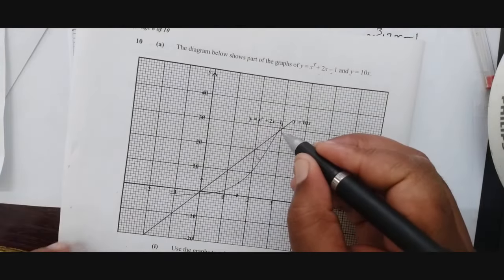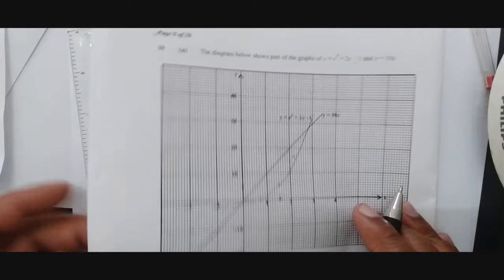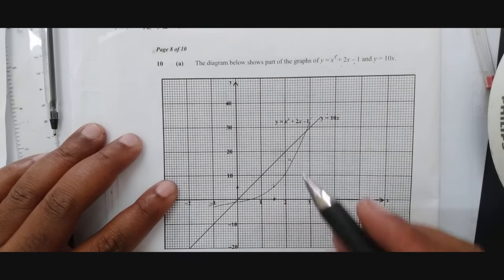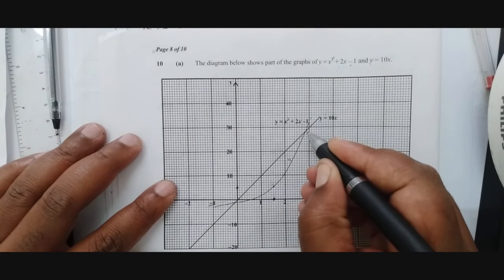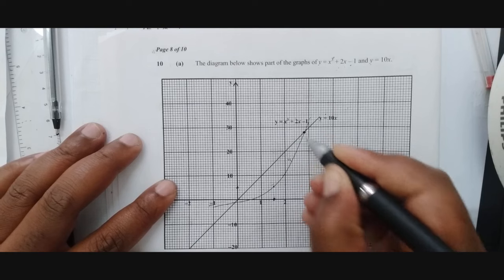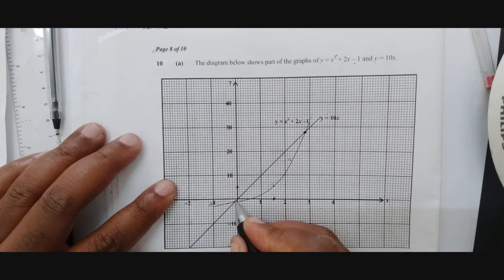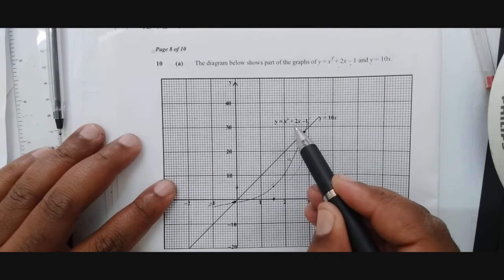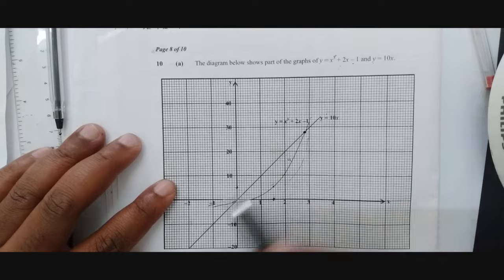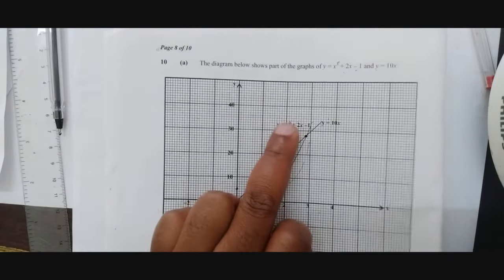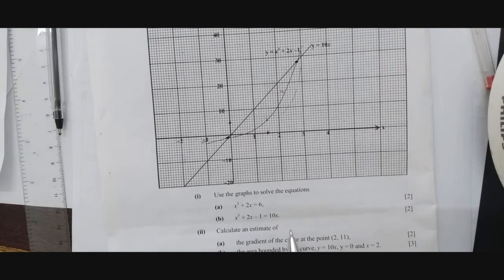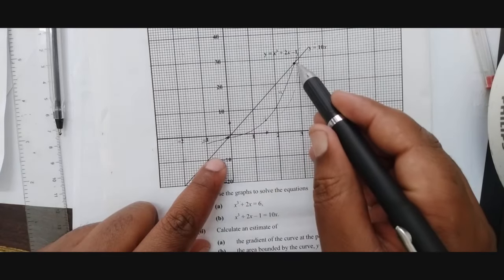It is at a point where these two functions are meeting, right? The y is equal to 10x here, and they are meeting somewhere here. Because this graph is for x to the power 3 plus 2x minus 1, and the line is for 10x. So, to solve this equation, you find the values of x at the points of intersection. That is, at this point and that point.